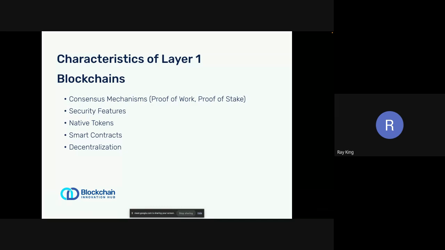Smart contracts and decentralization are also characteristics of layer one blockchains. All of these are the fundamental foundations that are required, and are the characteristics of layer one blockchain.